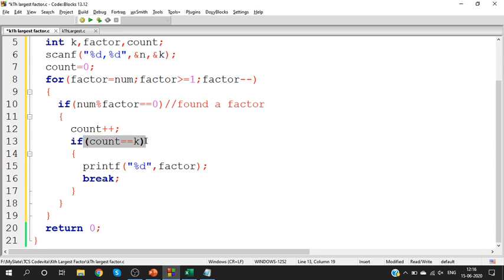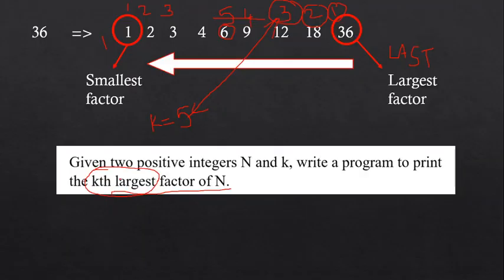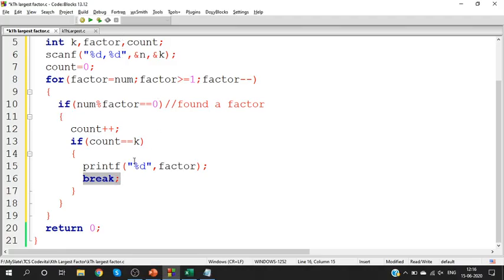When you reach the kth value, print the factor and break out of the loop, because once you find the fifth largest, you need not find the remaining factors. It is not necessary. I want only the kth largest. When you find it, print it to the output, then stop. Don't continue to find the remaining factors. So when I find a factor, I'm printing it and stopping the process.